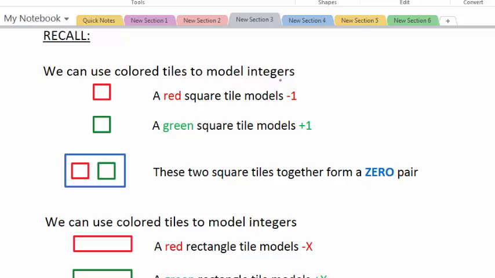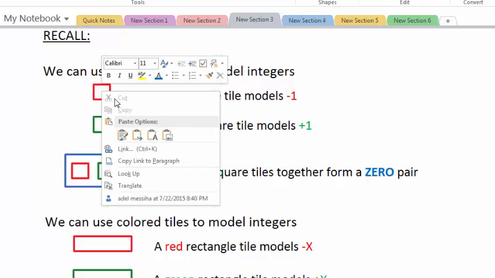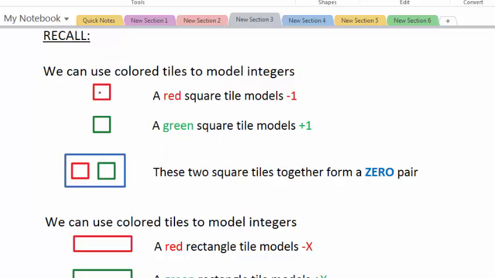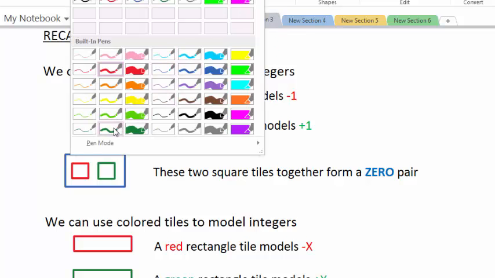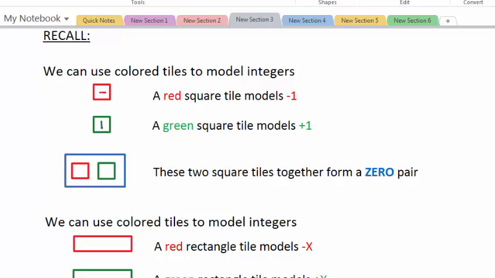So I can model -1 with a negative square, as you can see. This is the first one. Second, I can model a positive integer, +1, by using a positive square. So a negative square represents -1, and a positive square represents +1.